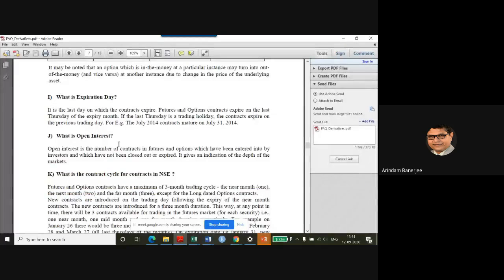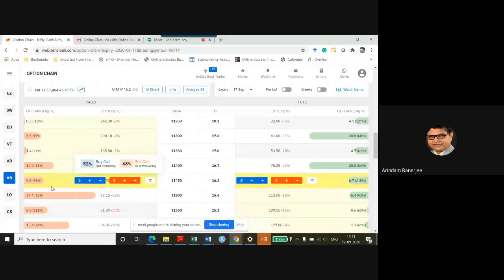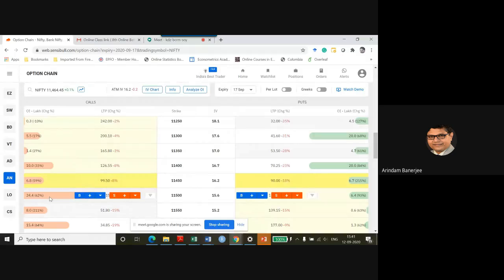So the formal definition is the number of contracts in futures and options which have been entered into by investors and which have not been closed out or expired. It gives an indication of the depth of the market. So from option chain, we can see that in call, the highest open interest is at 11,500.